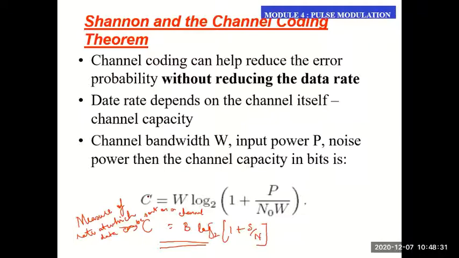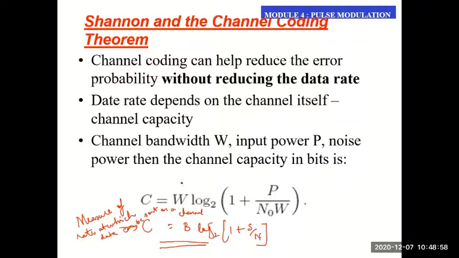This is very, very important, and whenever we transmit digital data, we have to ensure that the rate at which we are going to send the data will always be much lesser than the actual capacity of the channel. Say the channel can handle the data at the rate of 1 Mbps, then you should send it at a rate much less than 1 Mbps.